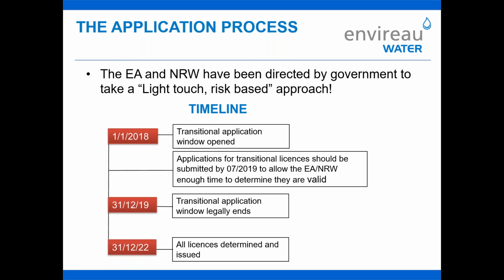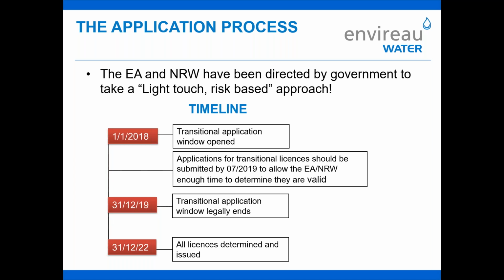The date that everybody should have in their heads for submission of applications is July next year, and that allows everybody enough time to work through the process and make sure that the Environment Agency and NRW have accepted the application as valid, which is the important piece, by the end of 2019.